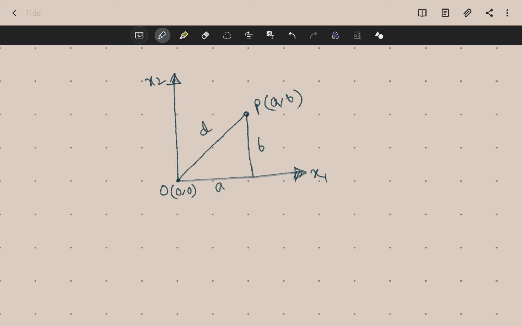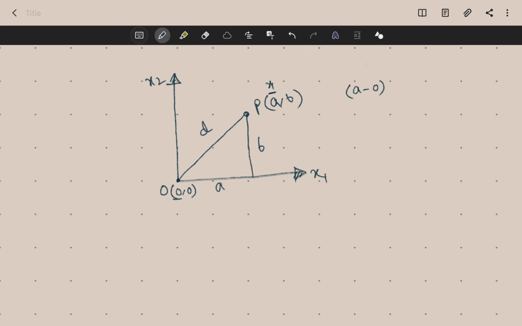Another way of thinking about this: we want to calculate the distance of P from the origin O. The x1 component of P is A, so we wrote A. The x1 component of the origin is 0, so we wrote 0.